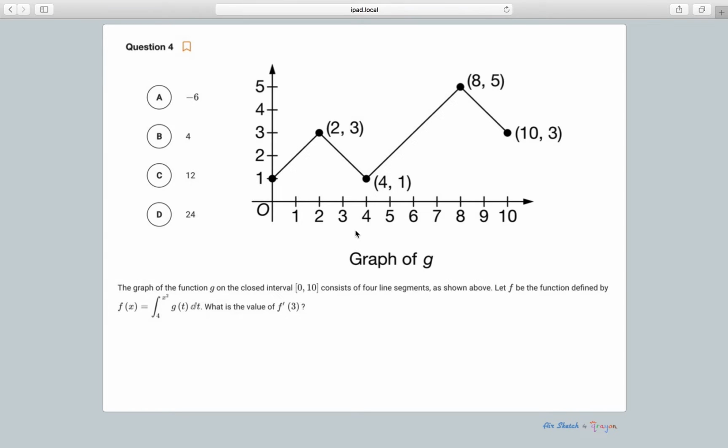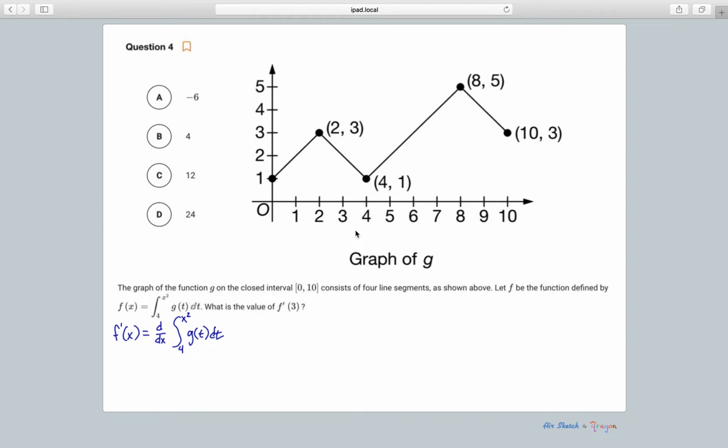All right, so f prime of x, which means I'm going to differentiate this function, which is an accumulation function. So we're going to be using the fundamental theorem of calculus part 1, which generally says if you take the derivative of an integral, those two operations cancel each other out and you're just left back in terms of the integrand.